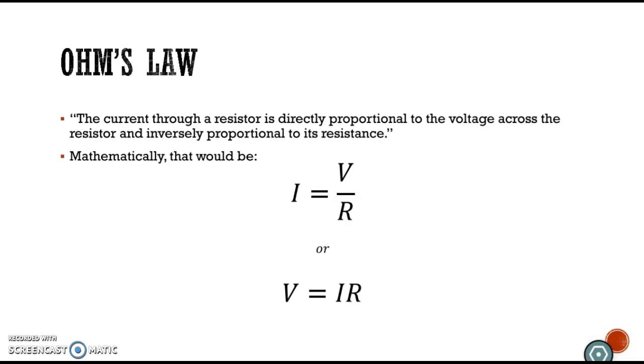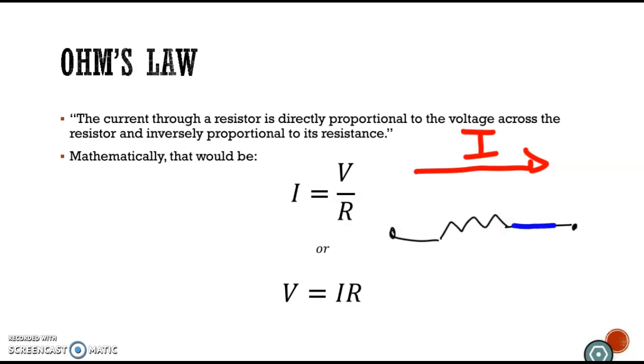Finally, we have Ohm's law. In English, Ohm's law says that the current that goes through a resistor, so if I have a resistor here, which we'll call I, is directly proportional to the voltage across that resistor, so we'll call this the voltage, and inversely proportional to its resistance, where this resistor has some resistance value R. Mathematically, that would be I equals V over R, or more commonly you'll see it written as V equals IR, that is, the voltage is equal to the current times the resistance of that resistor.